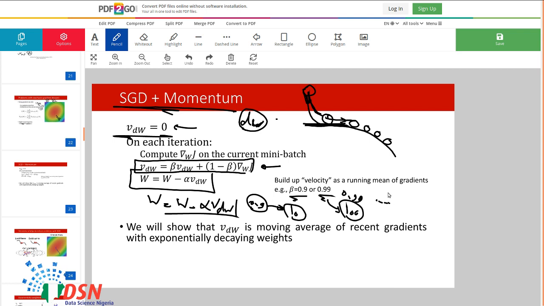So when you make beta closer to 1, you are considering lots of previous steps to calculate the gradients in the current step. Okay.